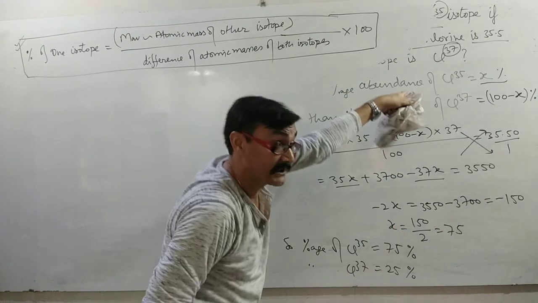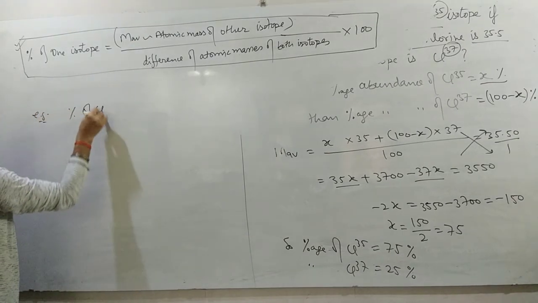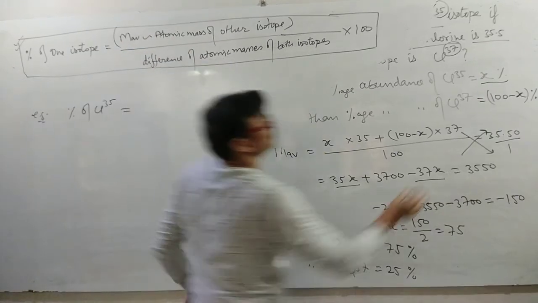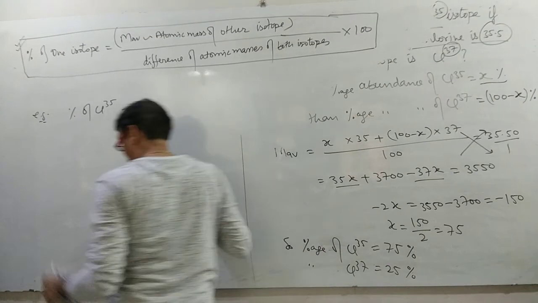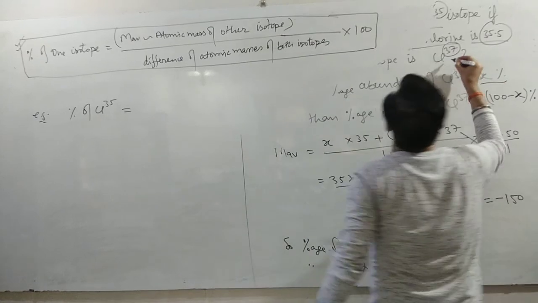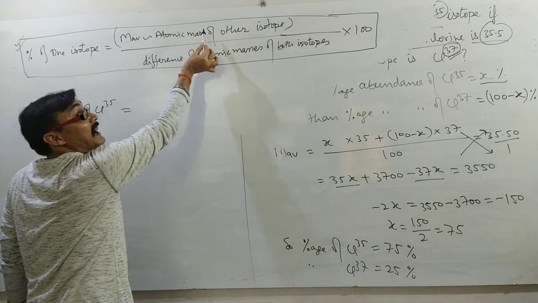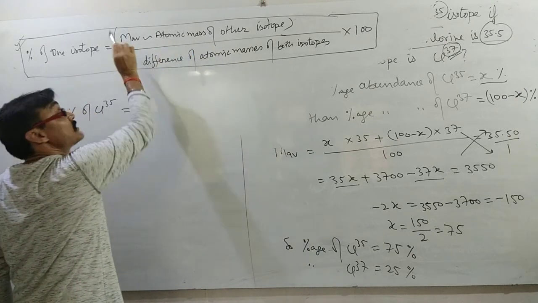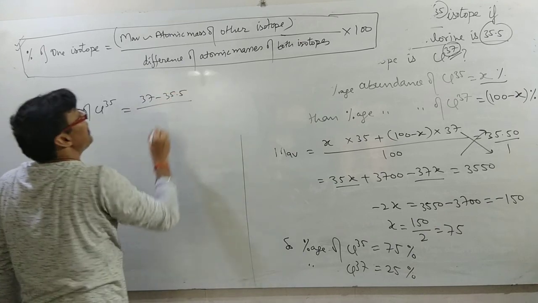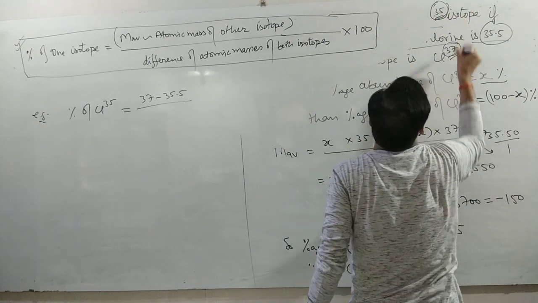For example, for this question, percentage of Cl35 is equal to the average atomic mass, which is given as 35.5, and the atomic mass of the other isotope, which is also given, 37, the larger value. So 37 minus 35.5, difference, higher minus lower, divided by the difference of masses of both isotopes, 35 and 37.